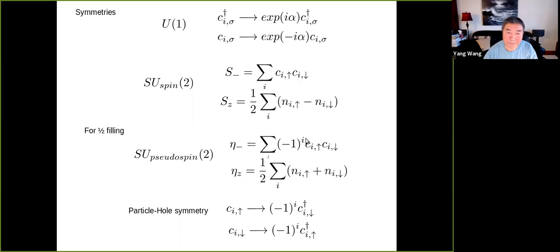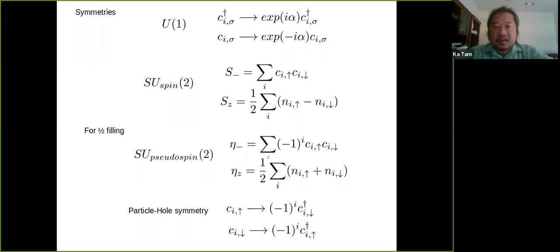Okay. Another question is, I can clearly see this U(1) symmetry and the particle-hole symmetry. That means you transform the creator and the destructor with this transformation. But for SU(2) spin symmetry and SU(2) pseudospin symmetry, what transformation are you doing? Basically you calculate the commutator of H with S, and that will be 0.